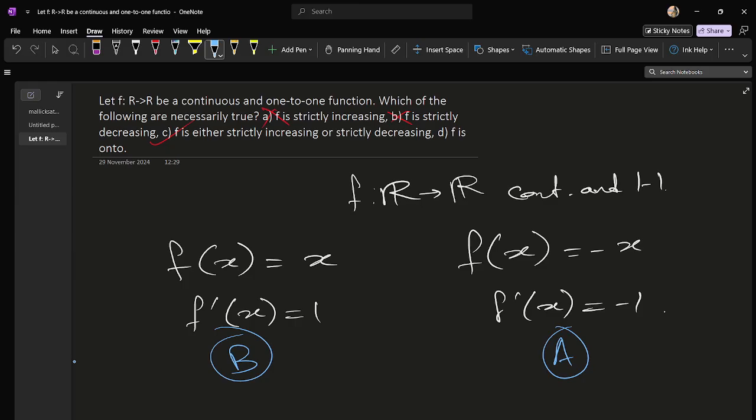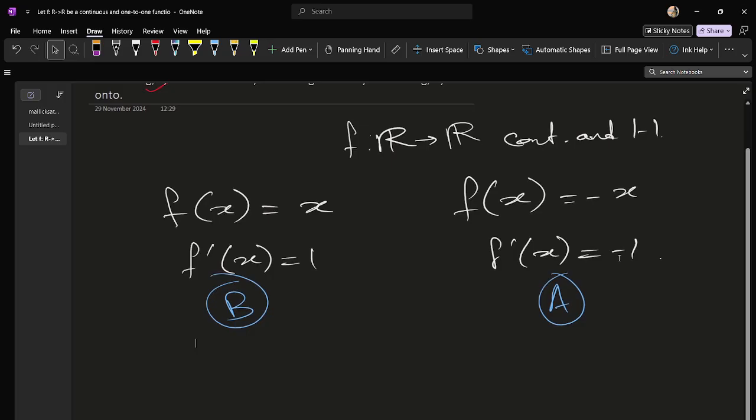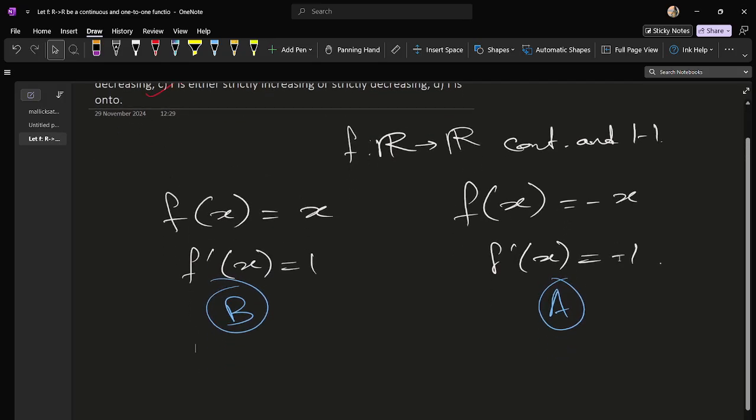So now we have to think about our option D. Option D says that f is onto. We know that an onto function, that means a surjective function, is one where every element of the codomain has a pre-image.